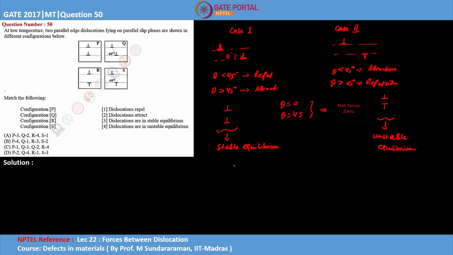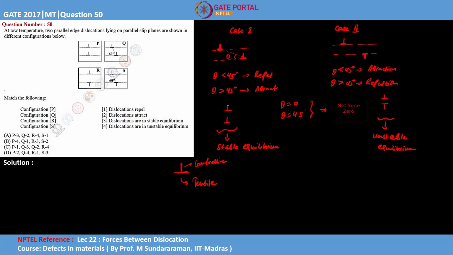So why is it so? Because as we know, for an edge dislocation, this is our extra half plane, and just below it half of the plane is missing. Due to such a configuration, the presence of the extra half plane will cause a compressive stress above the slip plane, and below it a tensile stress is developed in three-dimensional space.